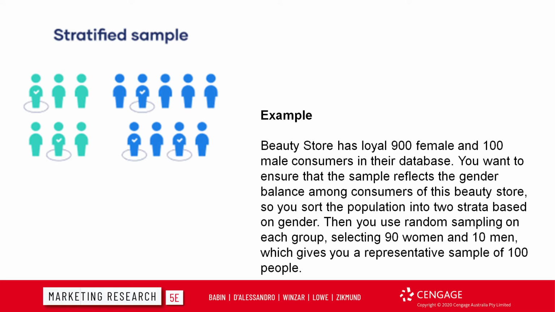You want to ensure that the sample reflects the gender balance among customers of this beauty store, so you sort the population into two strata based on gender, females and males. Then you use random sampling on each group, selecting 90 women out of 900 women and 10 men out of 100 men, which gives you a representative sample of 100 people.